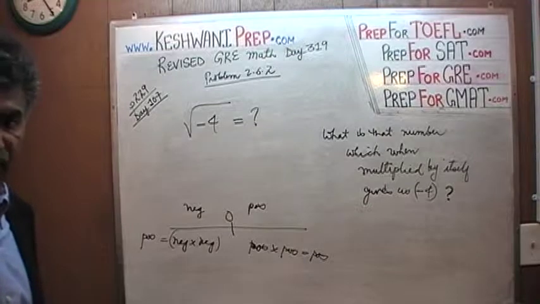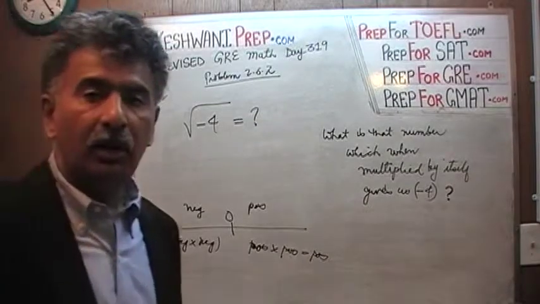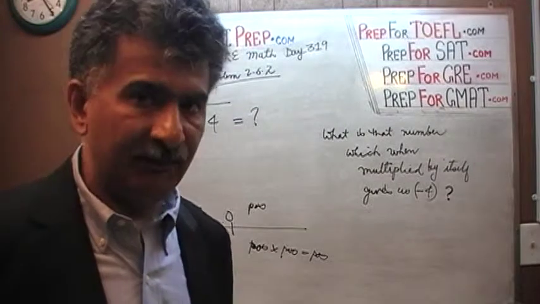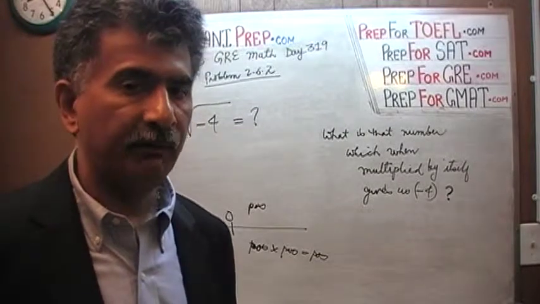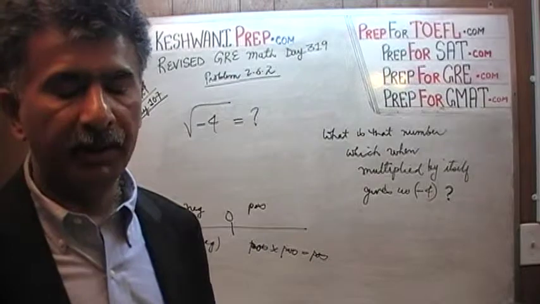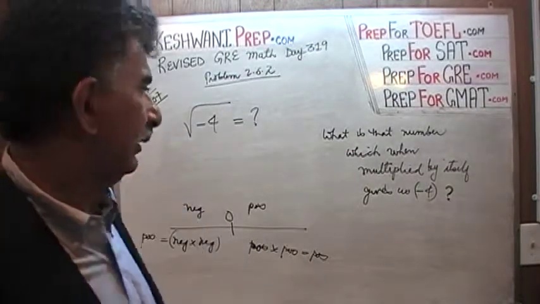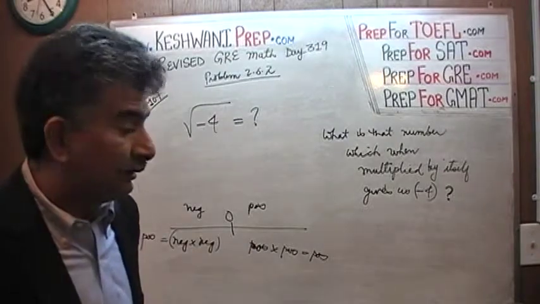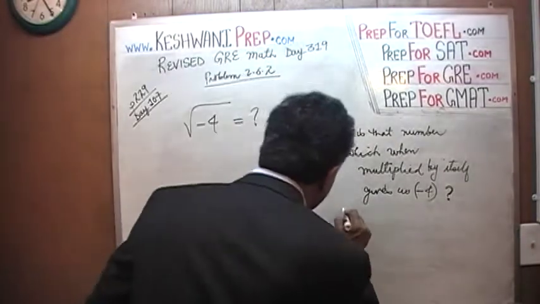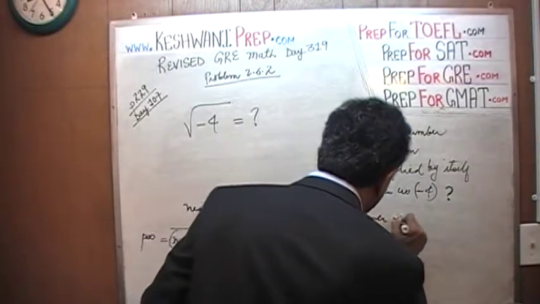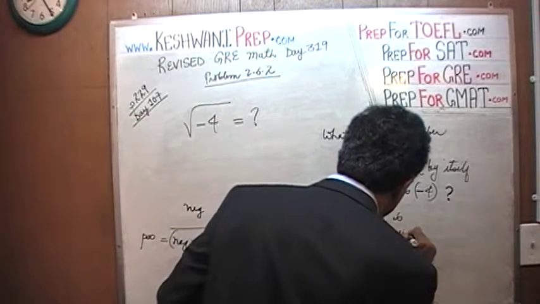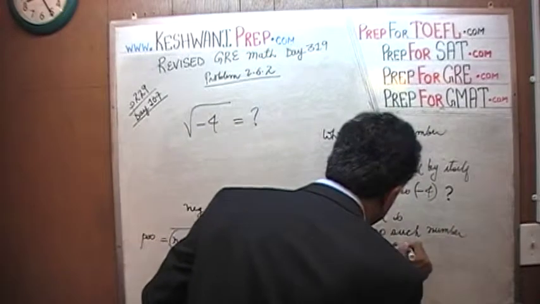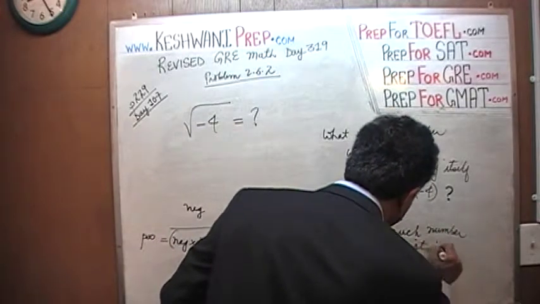So it is not possible for a number, when you multiply it by itself, to give a negative product. What is that number which, when multiplied by itself, gives us negative 4? The answer is no such number exists.